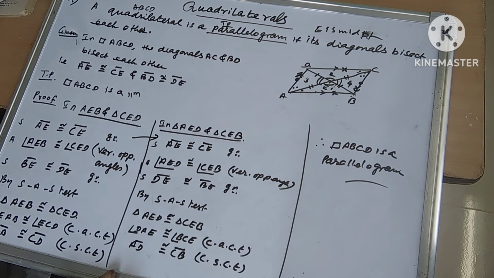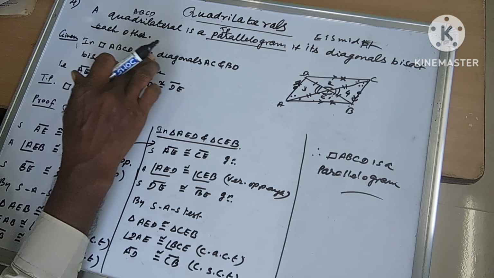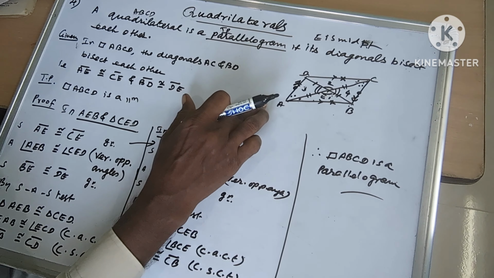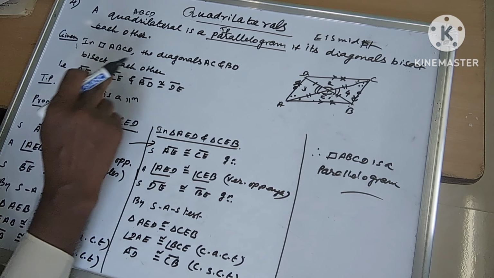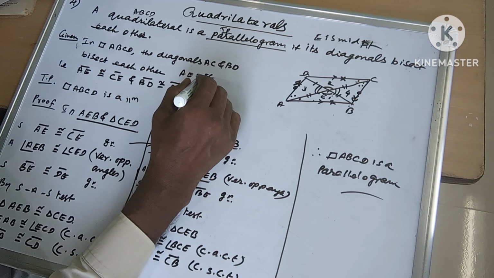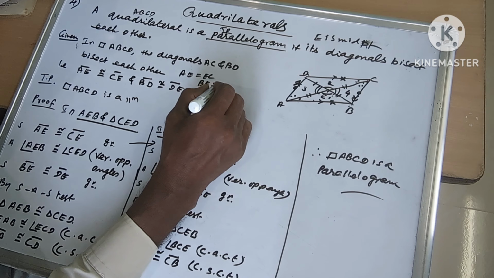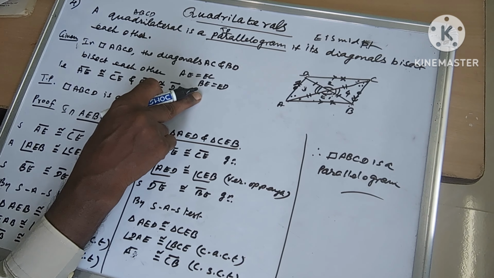So now ABCD is the quadrilateral, and the diagonals AC and BD bisect each other. That is, AE equals EC and BE equals ED. Bisect each other, so we have this relation.